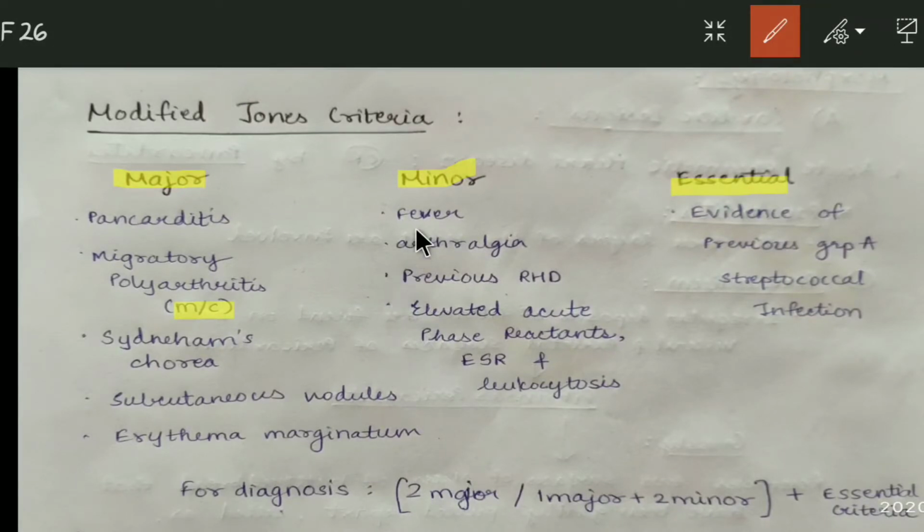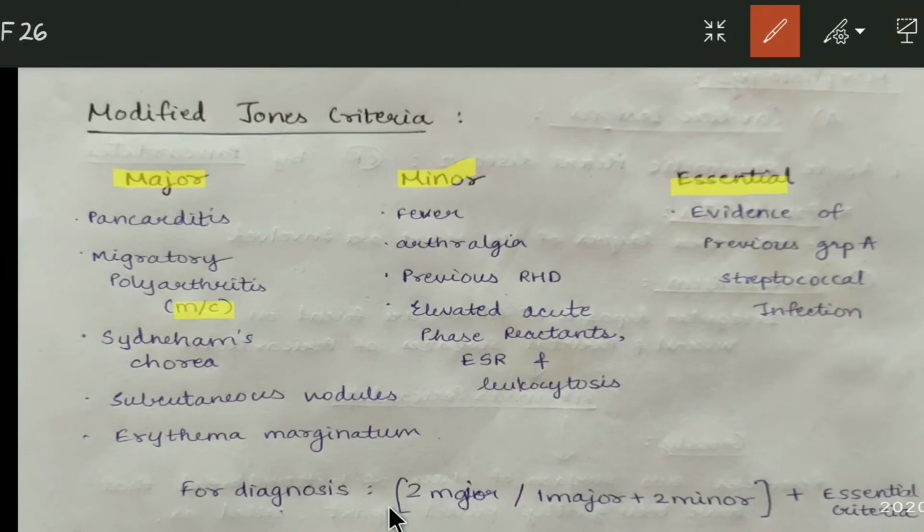The minor criteria includes fever, arthralgia, previous rheumatic heart disease, elevated acute phase reactants, and also ESR and leukocytosis. The essential criteria includes evidence of previous group A streptococcal infection.